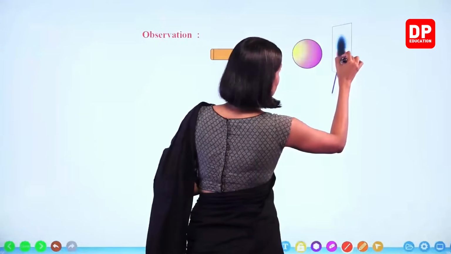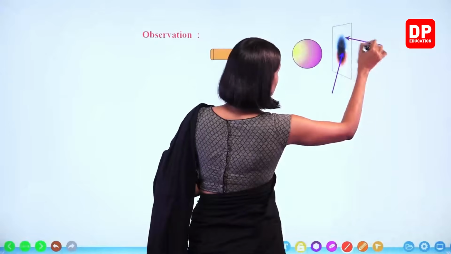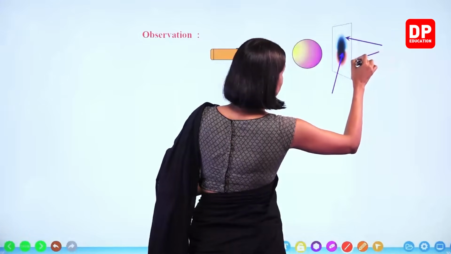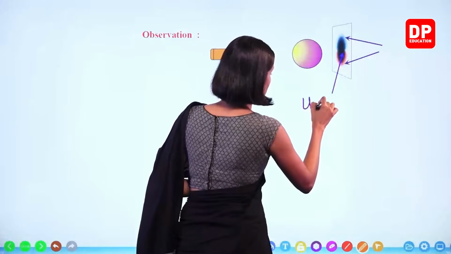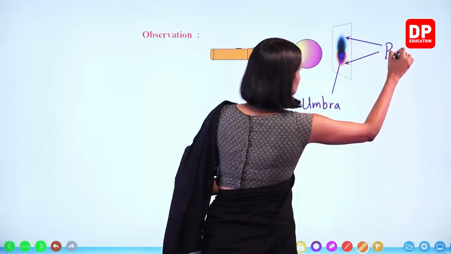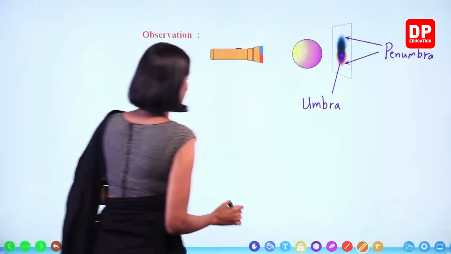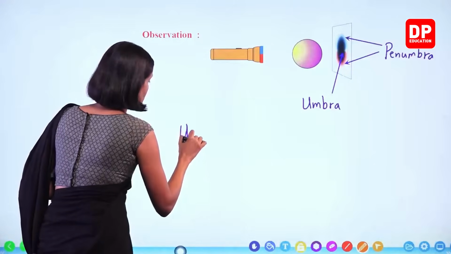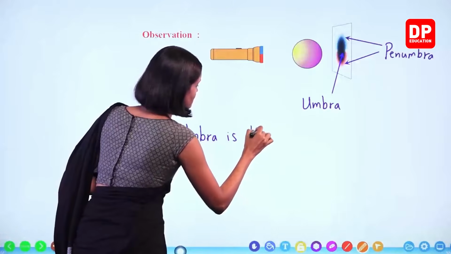This is the umbra. These parts are the penumbra. So what was the observation? Umbra is black.